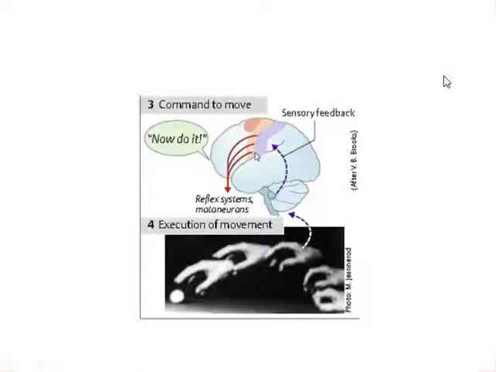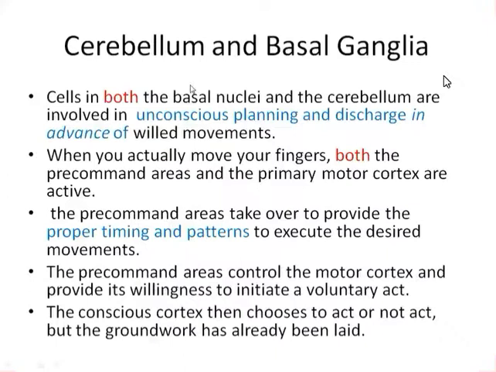Now, if you look here, this also shows the comparison between the cerebellum and the basal ganglia. Cells in both the basal ganglia and cerebellum are involved in unconscious planning and discharge in advance of movement. This is the thing that I am repeating several times.